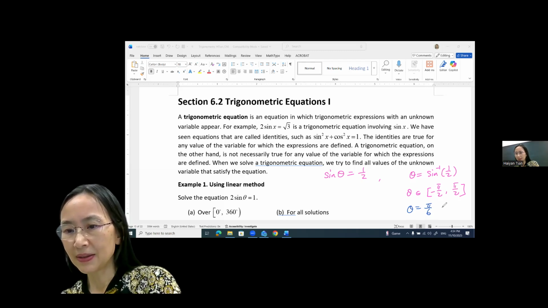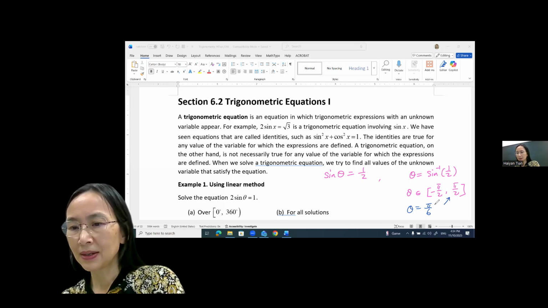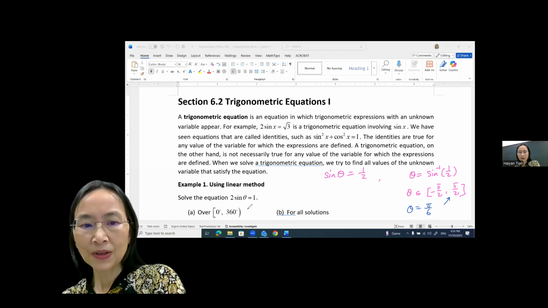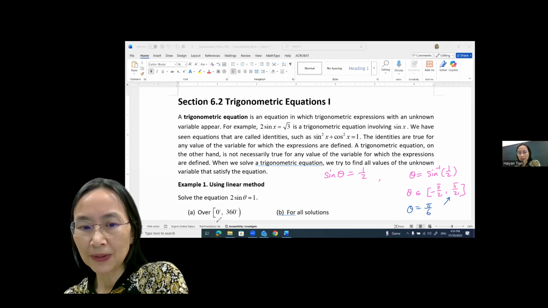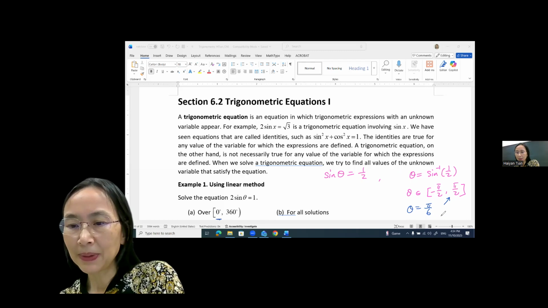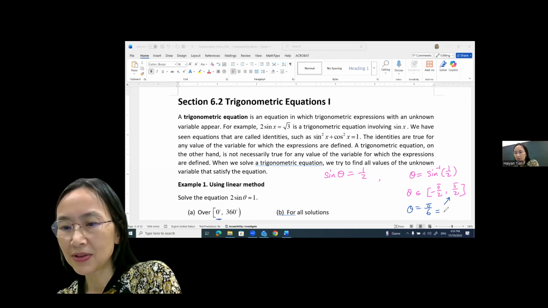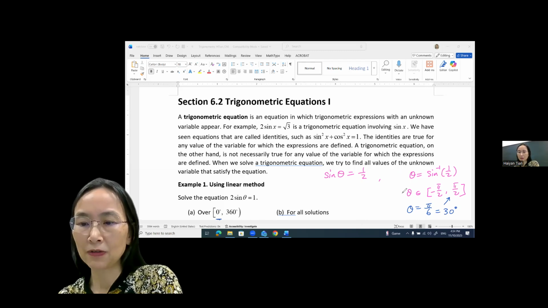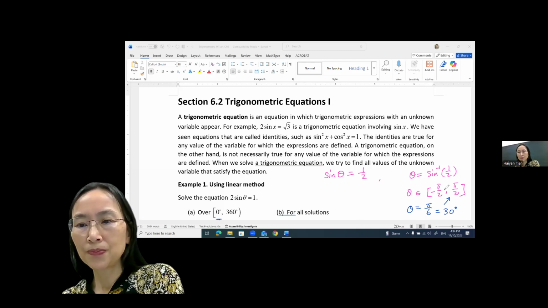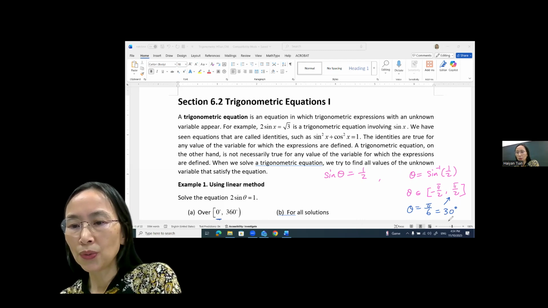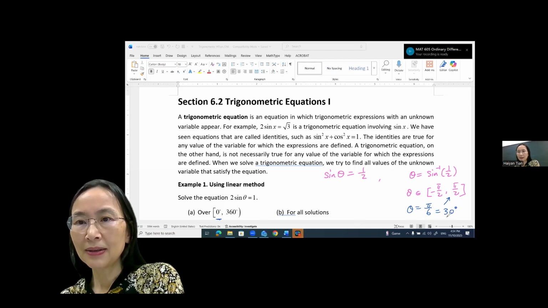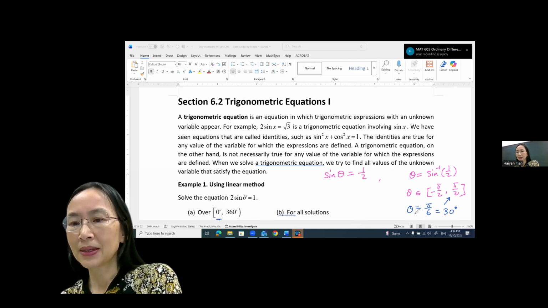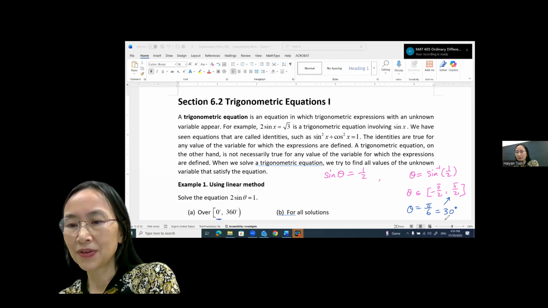So this pi over 6 is in this range. Pi over 6, what degree is it? It is a 30-degree angle. In radian measure, it is pi over 6. So we can find a theta that is 30 degrees.